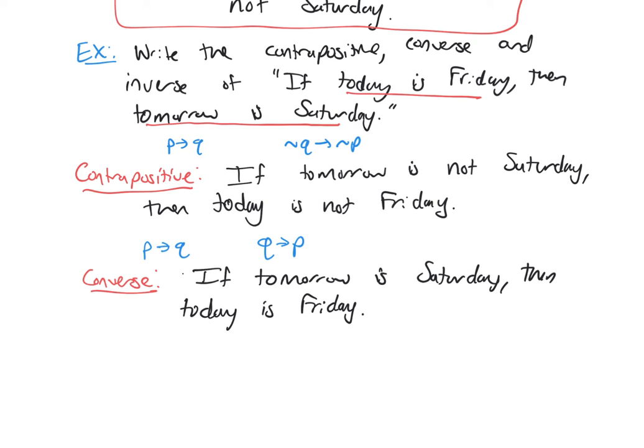Now let's write the final one, the inverse. So the inverse, you leave them in the order they are. So if P, then Q. To get the inverse, you leave them in their order, but then you negate them. So it's really going to be if not P, then not Q. So leave them in the order, but you're going to negate them.